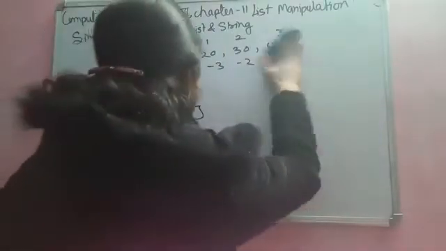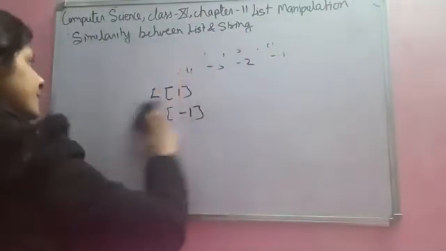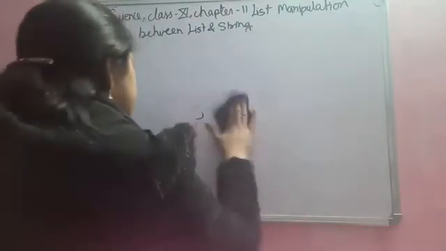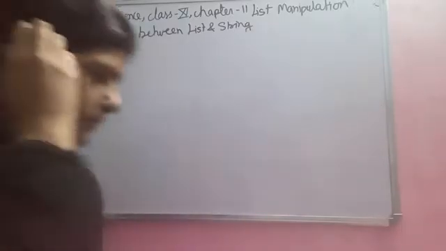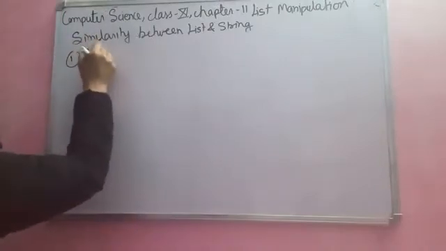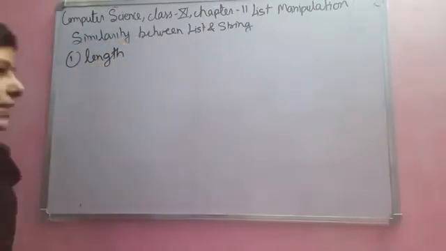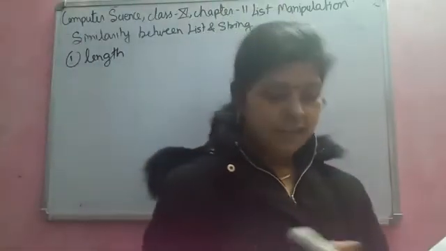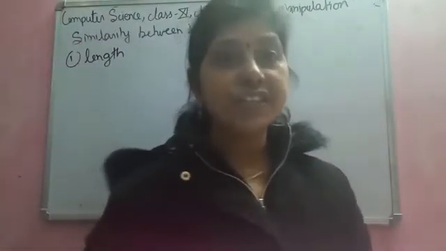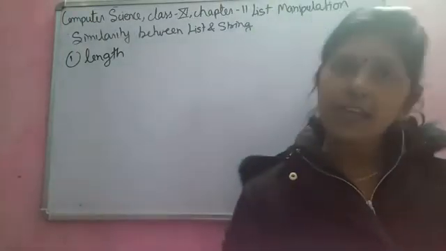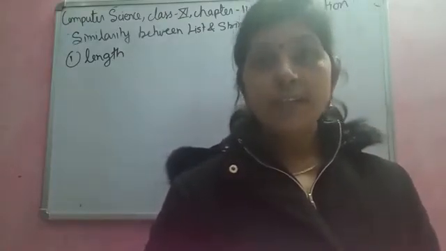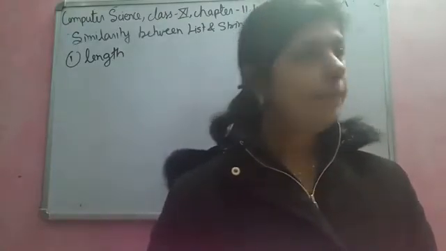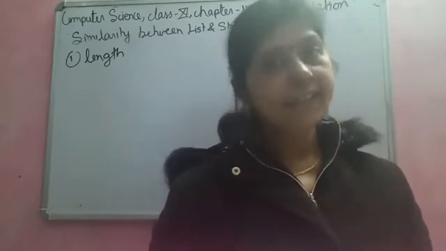Apart from this one, what are the other similarity? First, length. What is the length? Length of the list. String की लेंथ आप कैसे एक्सेस करते हो? लेंथ फंक्शन से. लेंथ फंक्शन रिटर्न द लेंथ ऑफ द स्ट्रिंग. सेम लेंथ फंक्शन in the list also returns the length of the list, means the number of items in the list.